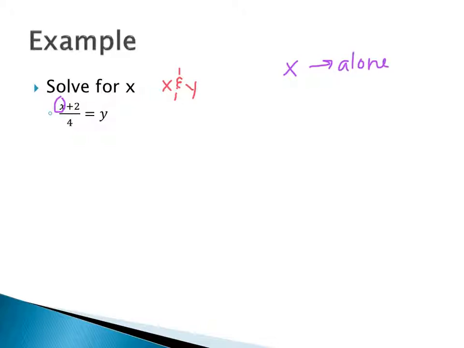Make sure that x is alone on one side of the equation. So, looking at the left side of this equation, I have x plus 2 divided by 4 equals y. So I want to get x alone. I want this thing to be by itself. So, here's where order of operations comes into play. I have x, I'm adding to it 2, and dividing by 4.